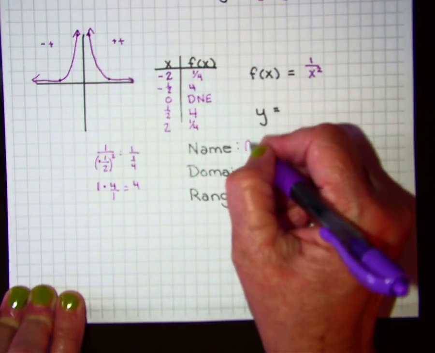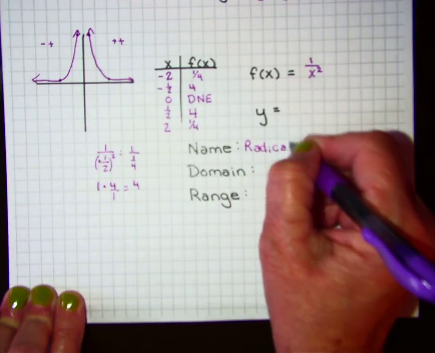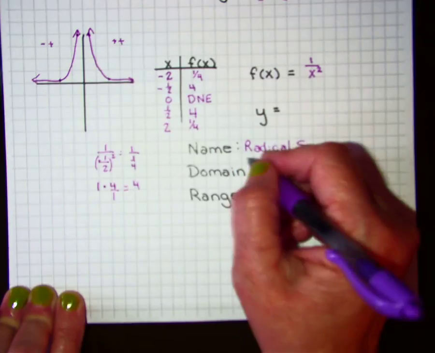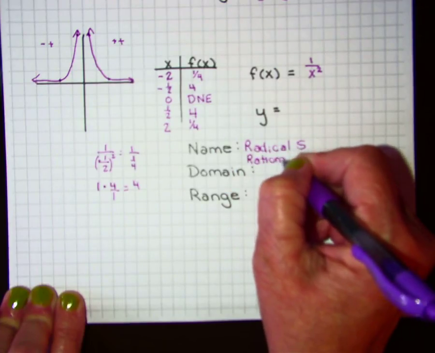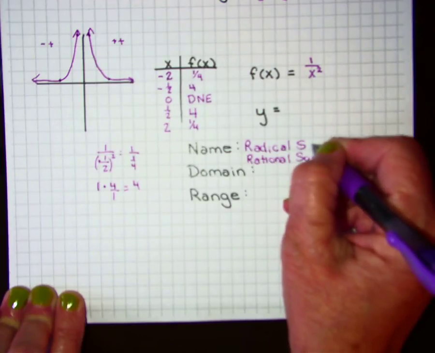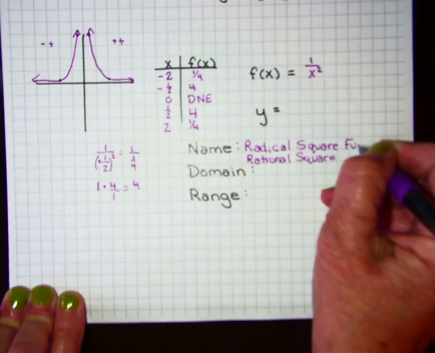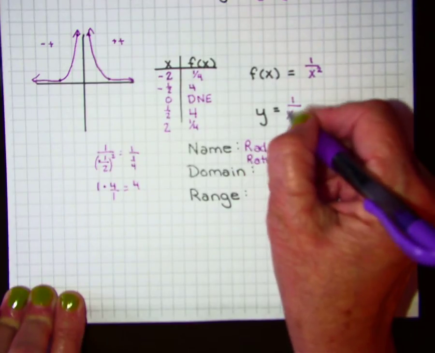So this is a radical square, a rational square, or a reciprocal square function. Yeah, it's got several ways you can identify it. 1 over x squared.